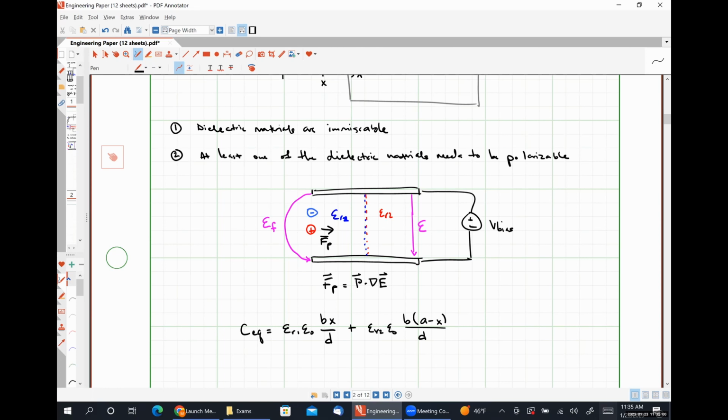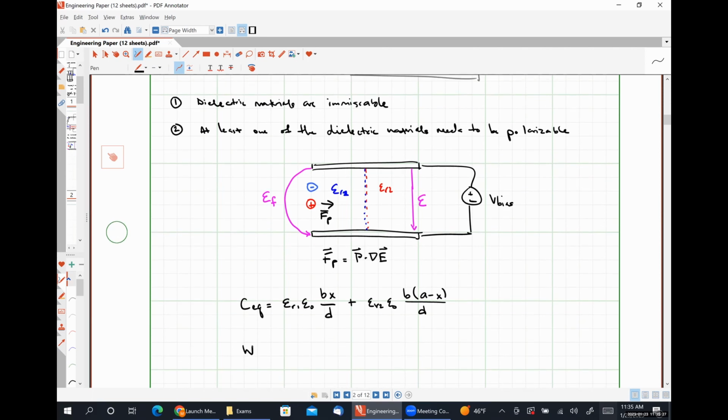So we have two capacitors connected electrically in parallel, so it's simple to algebraically add them together, and effectively the areas that each capacitance sees change as the quantity X changes.